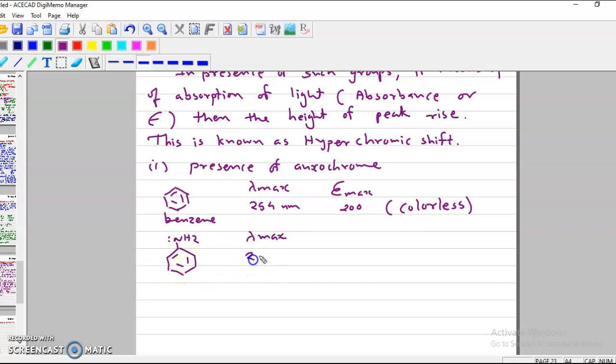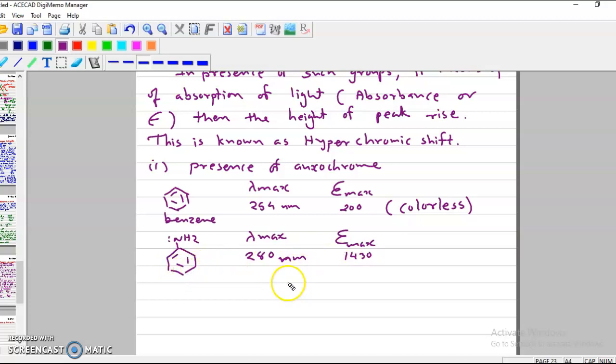That is why lambda maxima increases from 254 or 255 to 280 nanometer, and along with that you will find increase in epsilon maxima. It is about 1430.